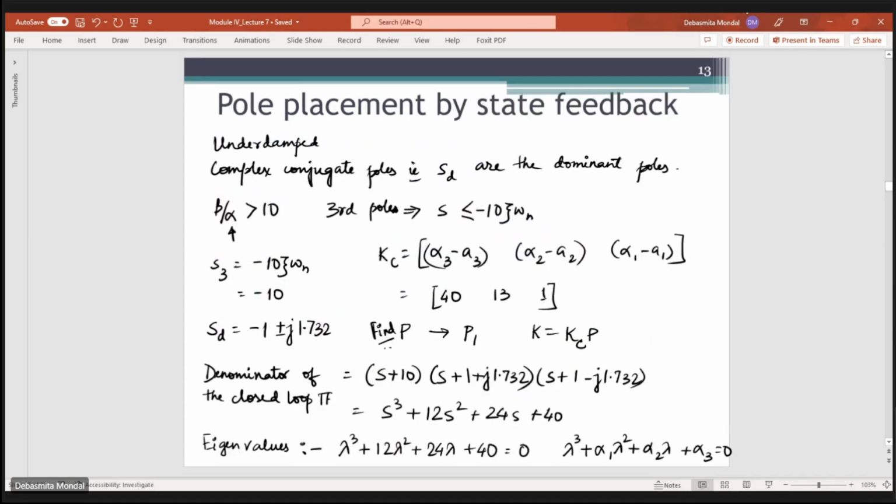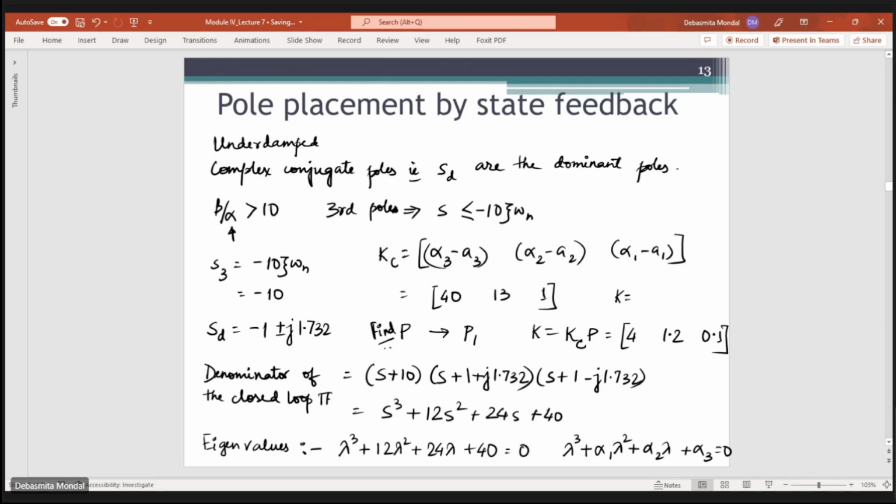If you do this, you will find that K is given by 4, 1.2 and 0.1.